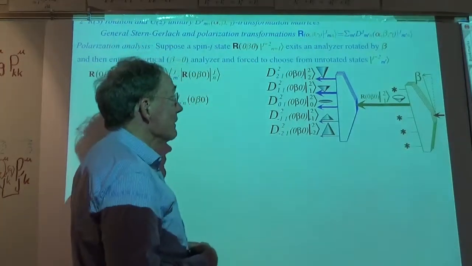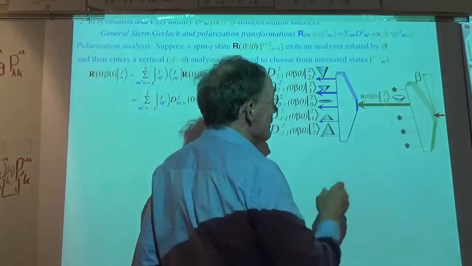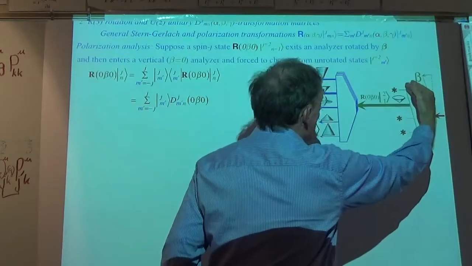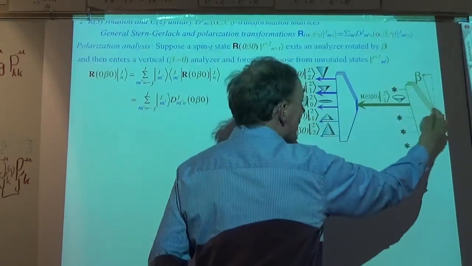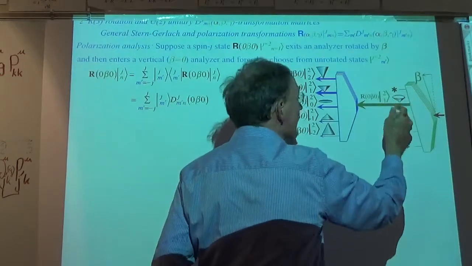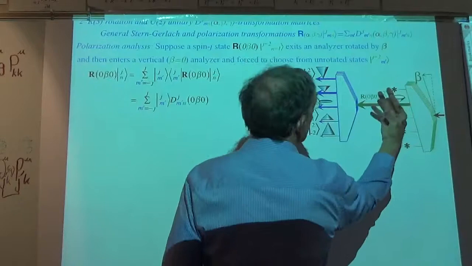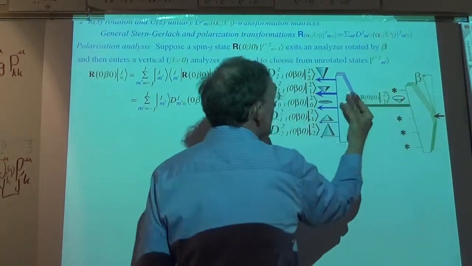Don't forget that. In any case, I want to take that state that's coming out of an analyzer that has been rotated by beta. That's what I mean. Exits an analyzer that has been rotated. It put that out. Okay, so it's got description by an angular momentum cone that's leaned over by 10 or 20 degrees. Okay, and it's about to go into this thing.